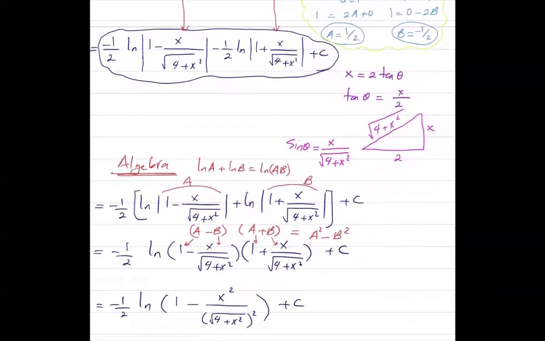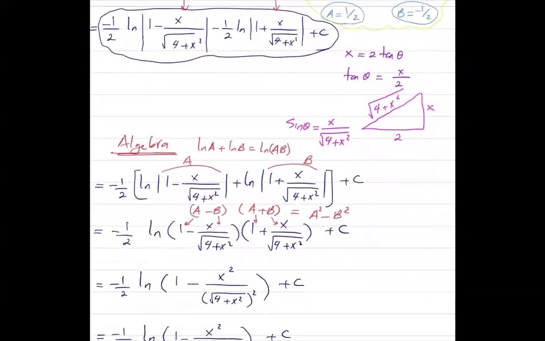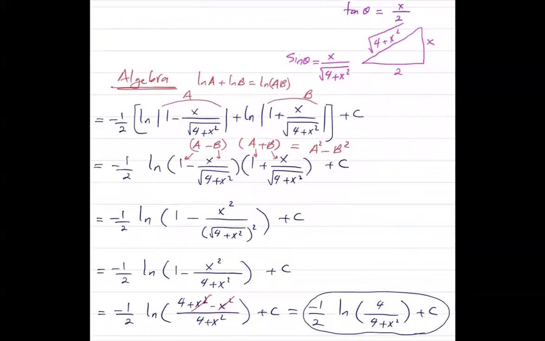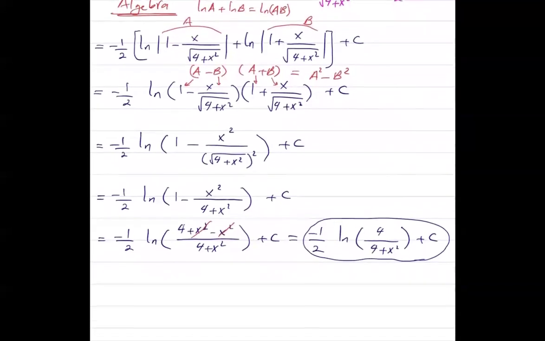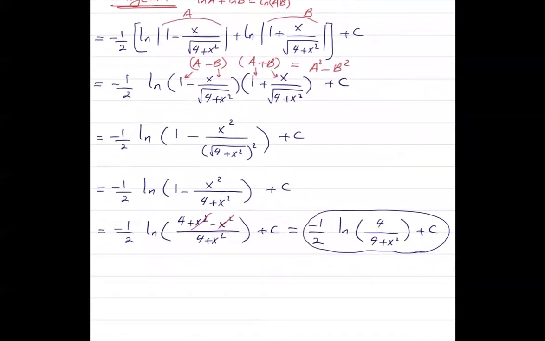Then take common denominator, simplify this more, and you can write your integral in this form, or you could flip this as well. For those of you who know and feel more comfortable about this, you can write this as ln of 4 divided by 4 plus x squared to power negative a half plus c.